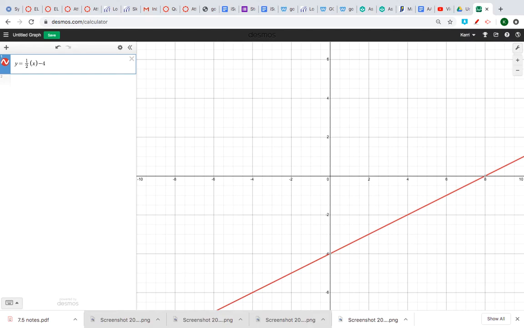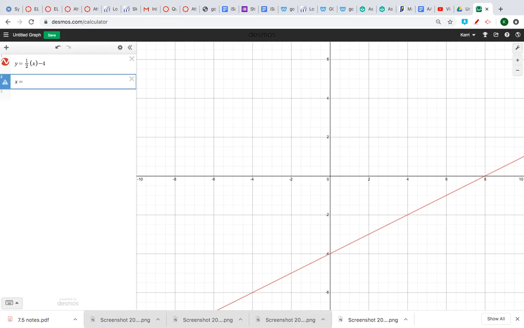To find the inverse function of this, all you have to do is swap the x and the y. You'd have to solve it so you can graph it, but what's nice using this graphing calculator, we don't have to do that. All we have to do is swap the x and the y values.